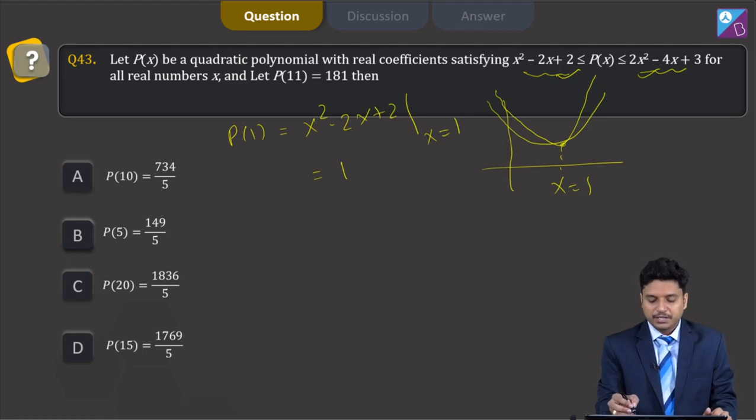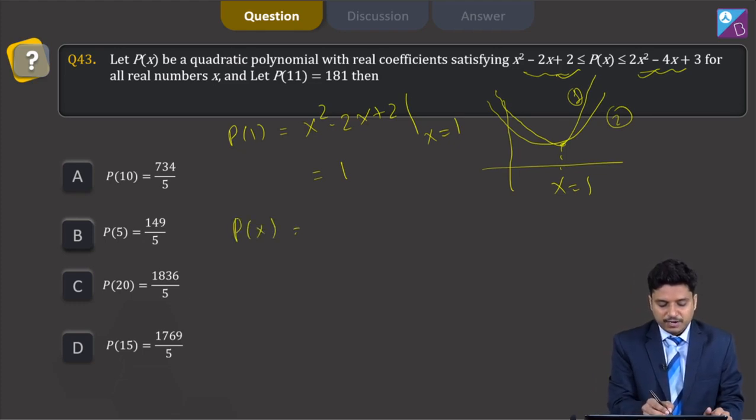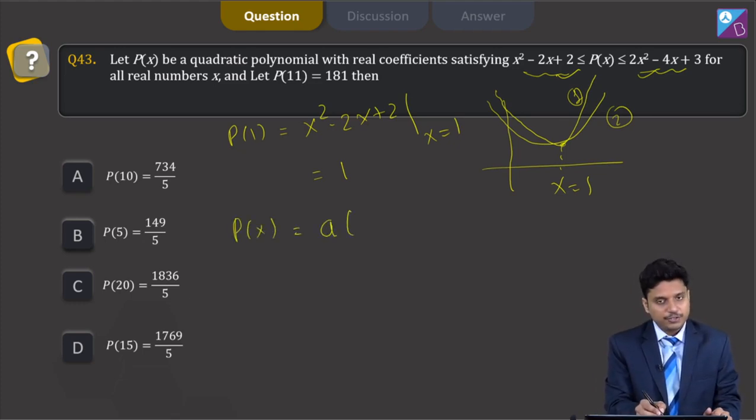Now one more thing can be experienced here: as P(x) varies in between these two curves, the quadratic P(x) will also have its minimum value at x = 1 only. So this P(x) will be of the type leading coefficient into (x − 1)² plus some constant c.